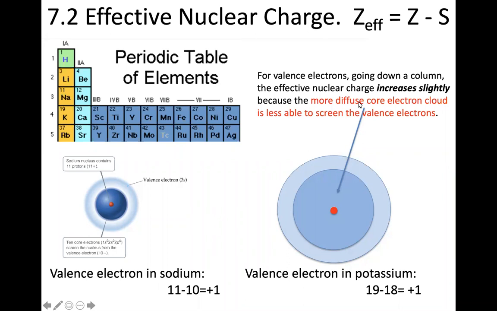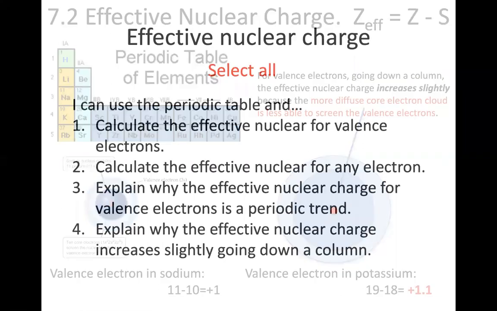More diffuse means it's just less dense. It's not as effective at blocking it. So for potassium, instead of saying the effective nuclear charge was +1, it changed just a little bit, might be 1.1. That's why I'm saying let's not have that be a major focus. Let's have our main attention be how it changes as we go left to right across the periodic table.